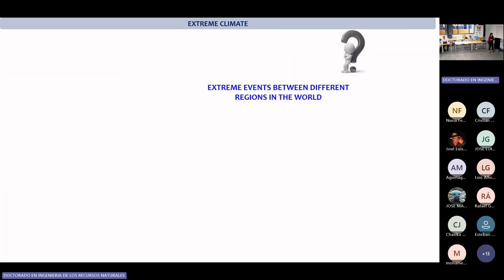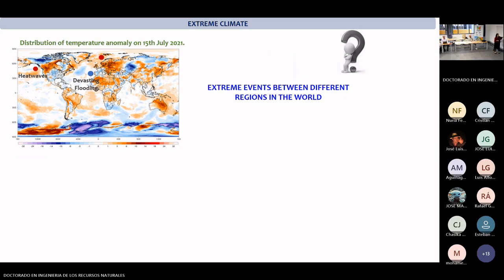Looking at the distribution of temperature anomalies in July, we have heat waves in some places in the world and devastating floods in other places. So between different regions we have discrepancies, with different extremes occurring in cascade.